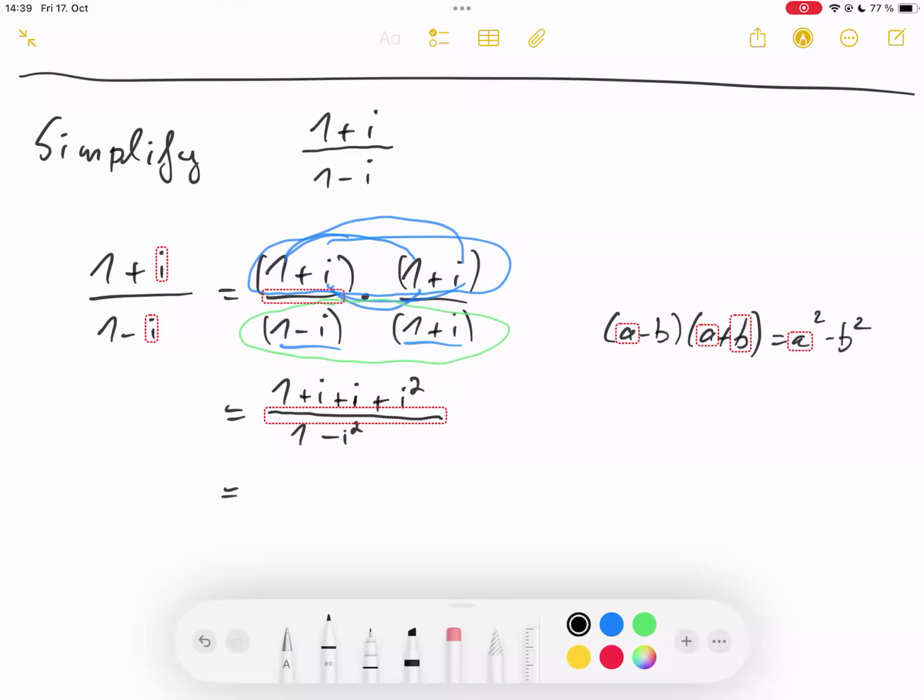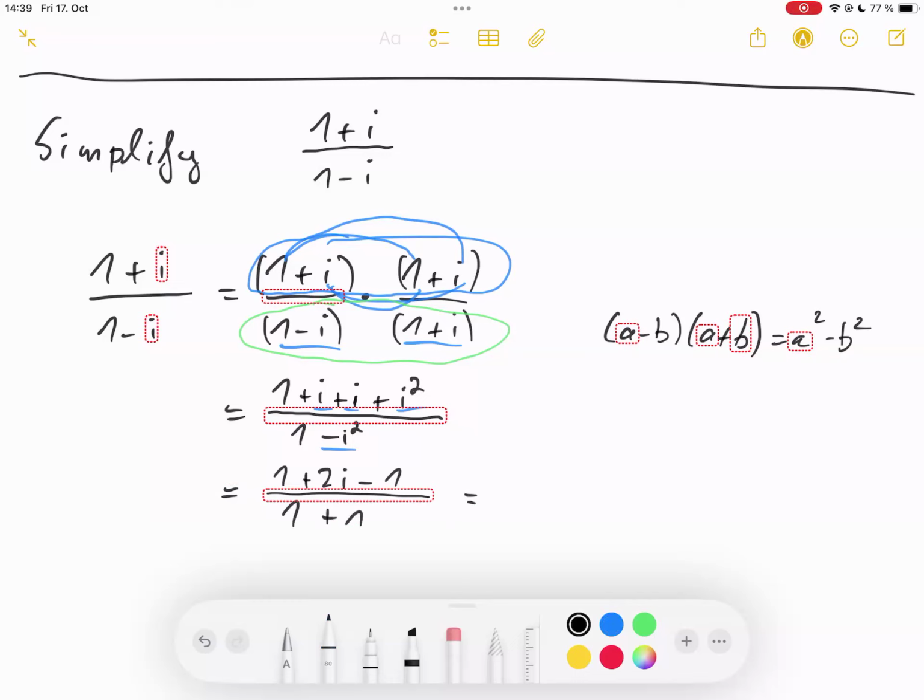And now we can try to simplify this. So we have our 1, then i plus i, so plus 2i. We have our i squared, which is minus 1. And down here we have 1 minus i squared. So i squared is minus 1, and minus that is plus 1.